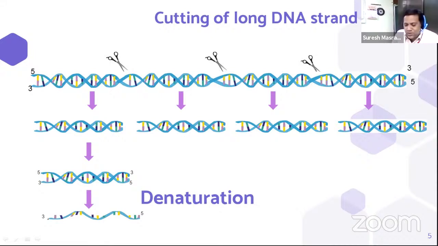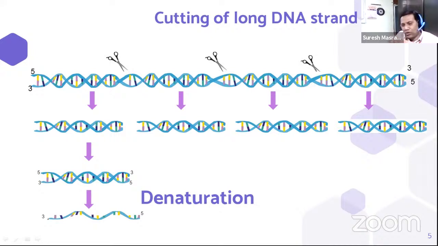Thus, A, B, C, D, E, F, G, H, I, up to J fragments result after cutting the 100 base pair long DNA.